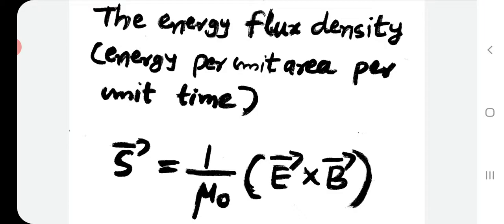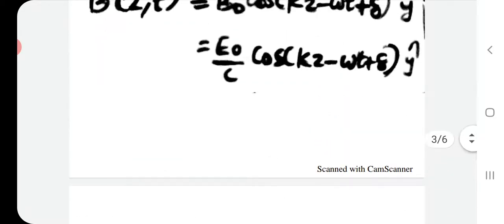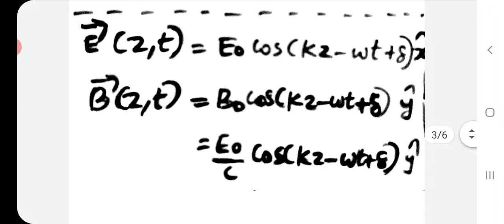And what is the Poynting vector? The magnitude of the Poynting vector is the energy flux density, that is, the energy per unit area per unit time. Now here, for the electric field I am substituting E0 cos(kz minus omega t plus delta x), and for the magnetic field I am substituting E0 by c cos(kz minus omega t plus delta y).